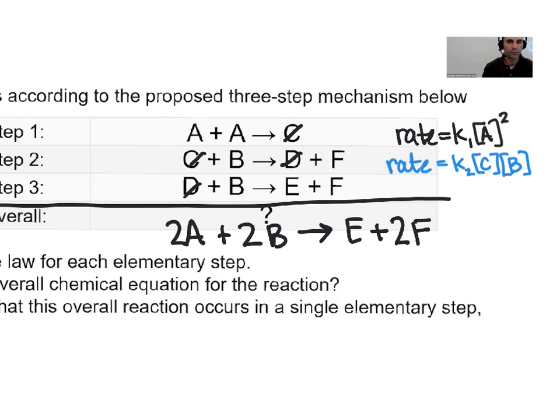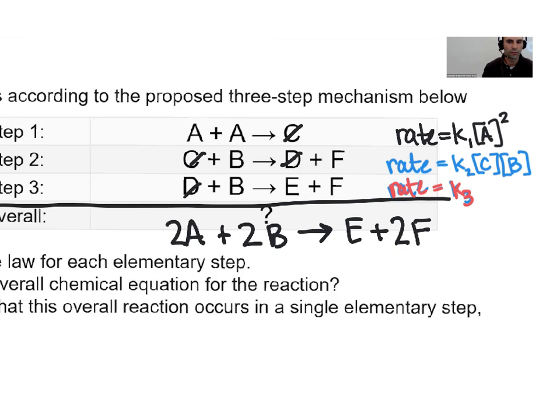This is still a second order reaction, but it's first order C and first order B. I attempted to do different colors for y'all, and it's still second order because 1 plus 1 is 2. So the overall order for the reaction is 2.